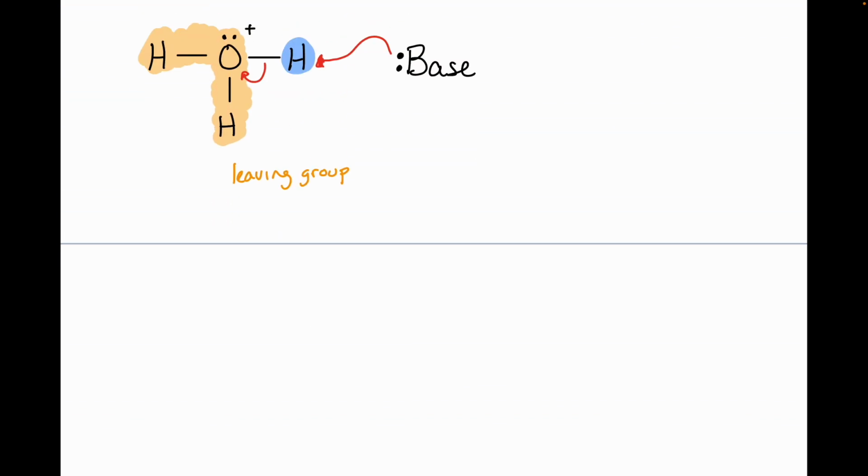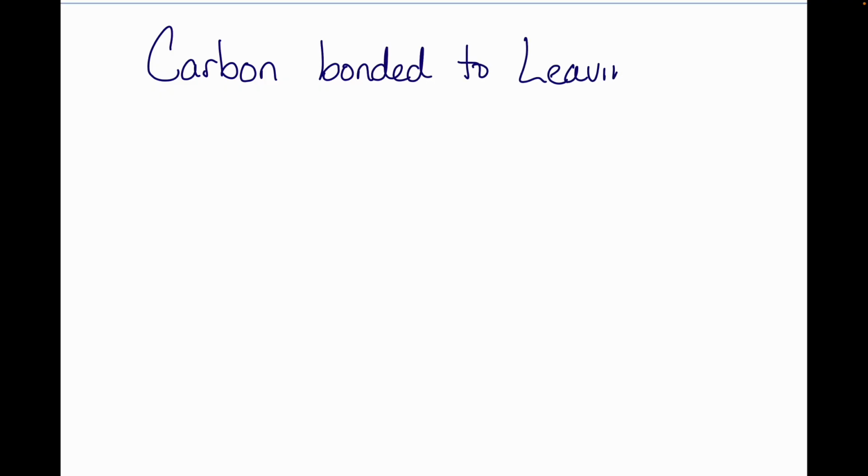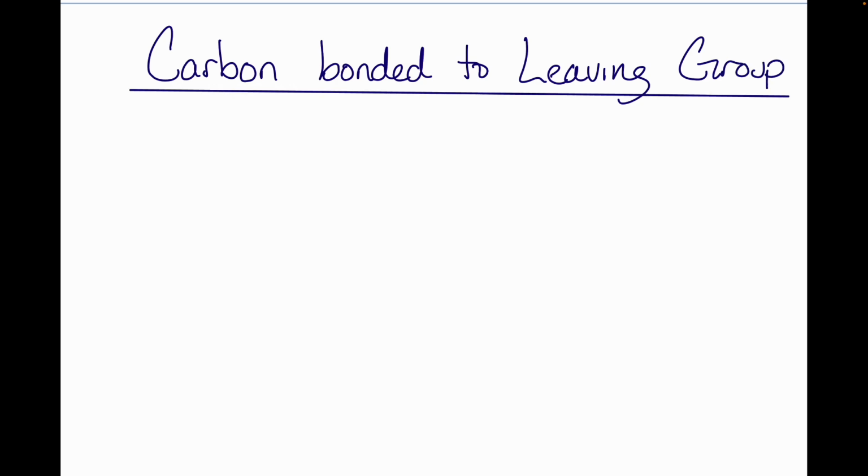All right, and that leads us into our next category of electrophiles that we want to be able to spy here. And that is when we see carbon bonded to a good leaving group. All right.